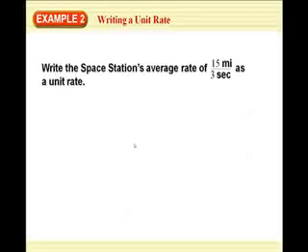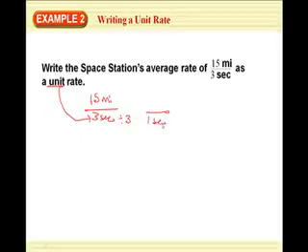Okay? It says write the space station's average rate of 15 miles in 3 seconds as a unit rate. Now I kind of did this in the beginning. A unit rate, 15 miles in 3 seconds. The unit rate means this bottom number right here has got to be 1. So we're going to divide this by 3 to make it be 1 second.